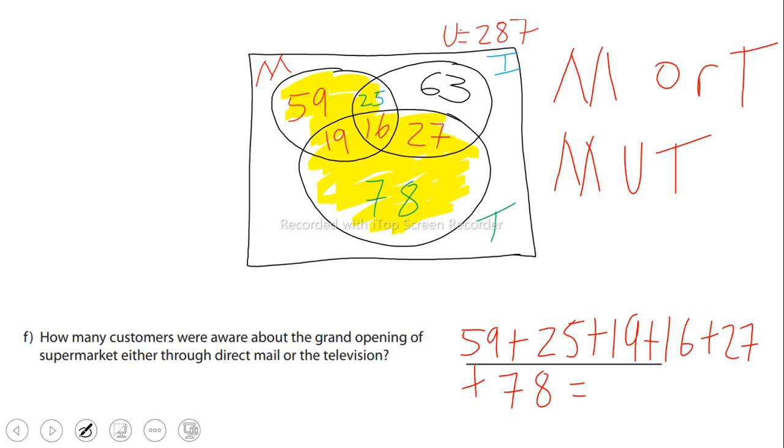Is it 204? 224. 59 plus 25 plus 19 plus 16 plus 27 plus 78 is 224.